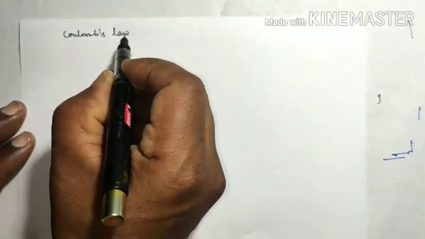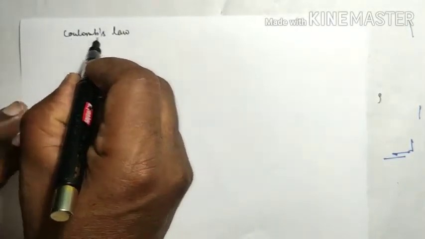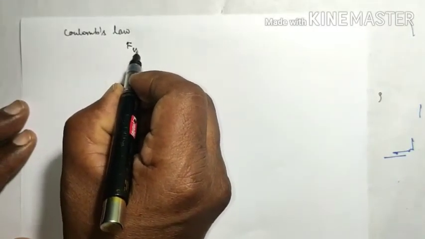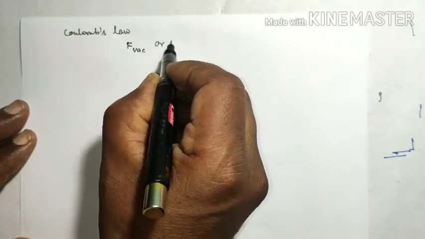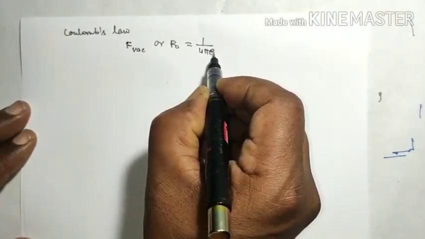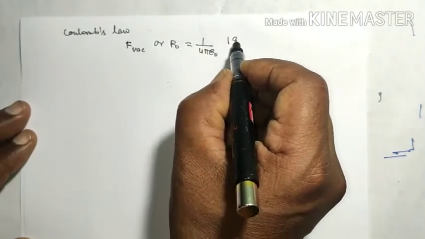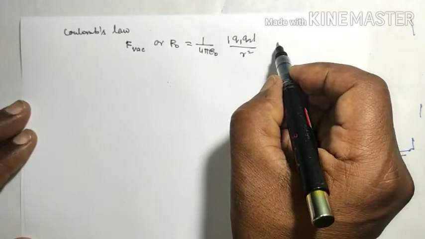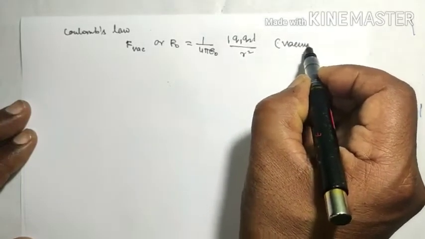Now Coulomb's law can be written as F vacuum or F naught equal to 1 by 4 pi epsilon 0 mod of Q1 Q2 by R square, when the two charges are placed in vacuum.